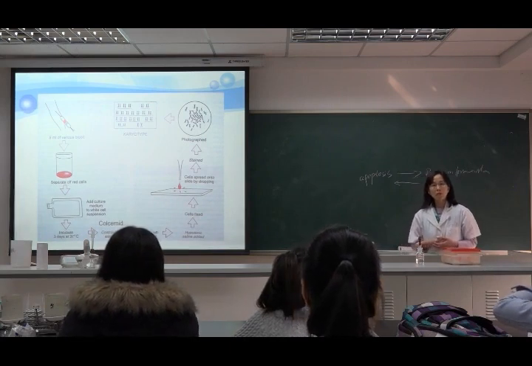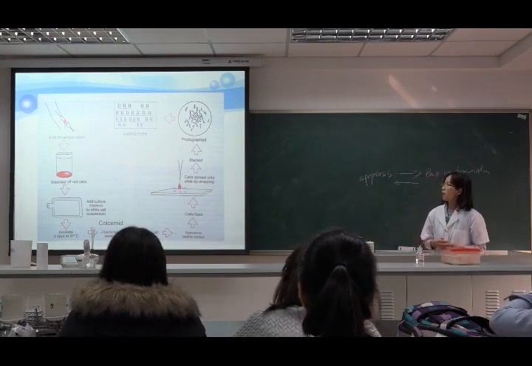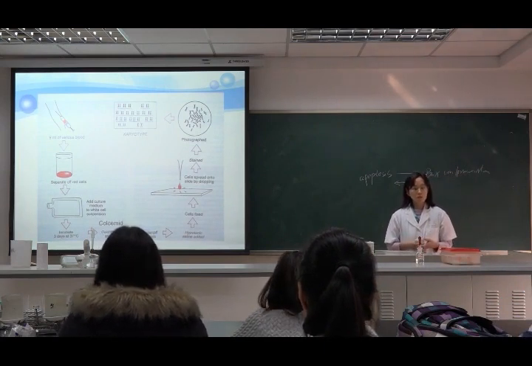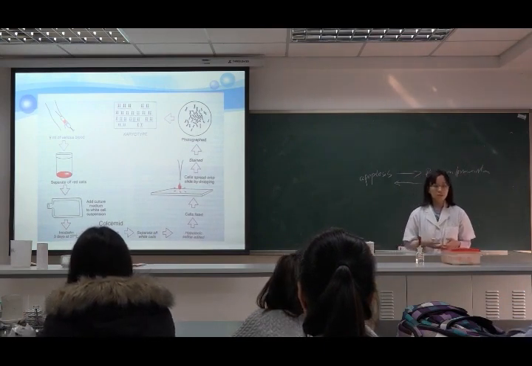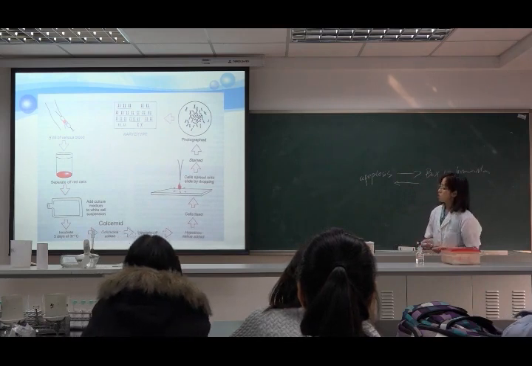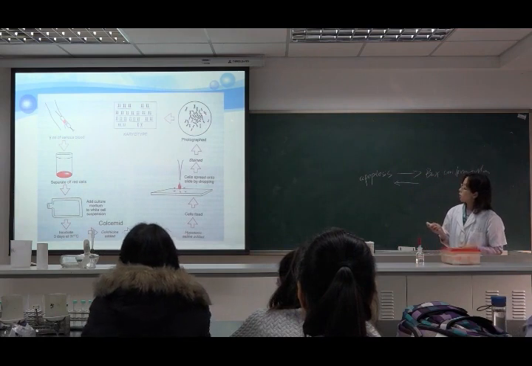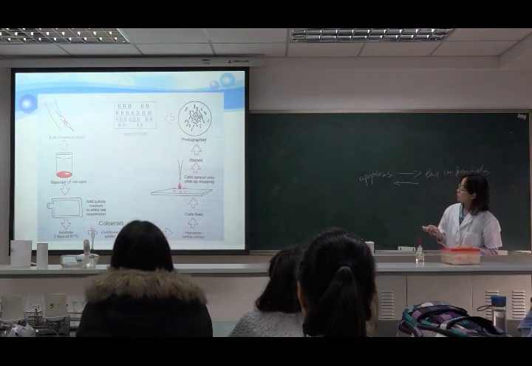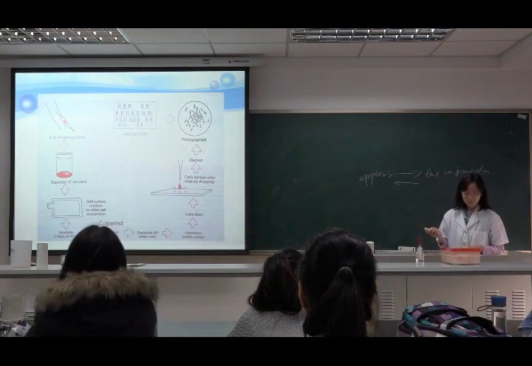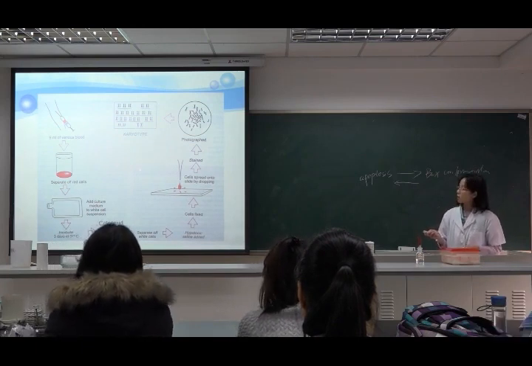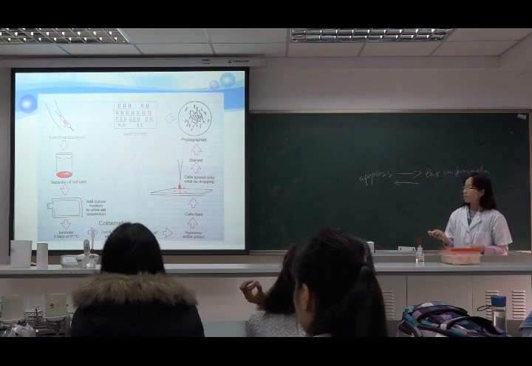However, in clinical practice, most of the time we do not use culture cells. Most of the time we will use blood. So this is the procedure for venous blood. We get the venous blood and separate off the red cells, because there are no nuclei in the red cells.